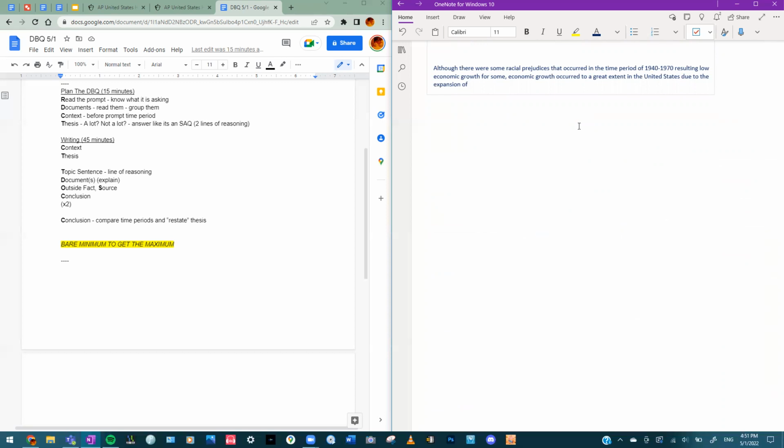Not necessarily this expansion of government per se, because some of these were due to inventions. Due to the expansion of economic growth occurred to a great extent in the United States due to expansion of.